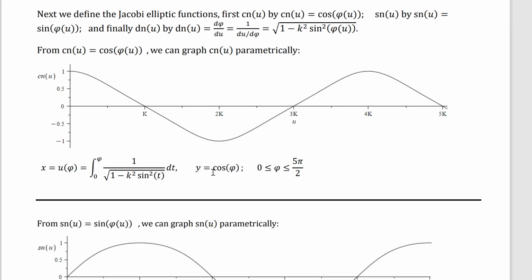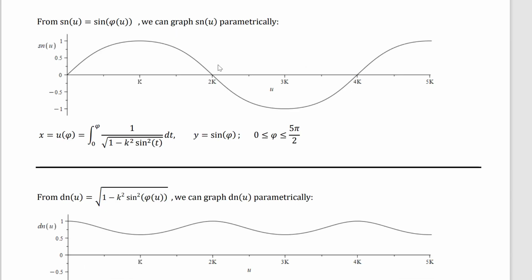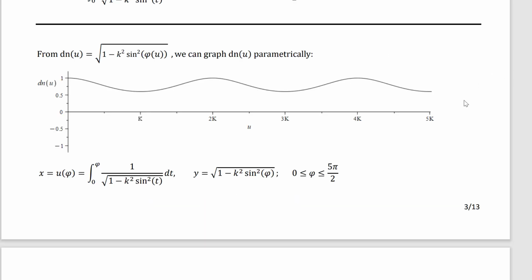The vertical axis is then cosine of phi. Similarly, if I want to graph sn u, which is sine of phi, just have the horizontal axis be u, and then y will be sine of phi. And of course, to graph dn u, just have the horizontal axis be u, then y will be this quantity, the square root of 1 minus k squared sine squared phi.